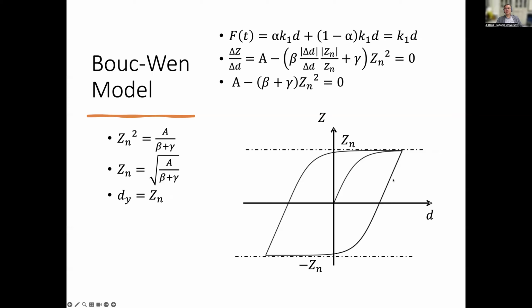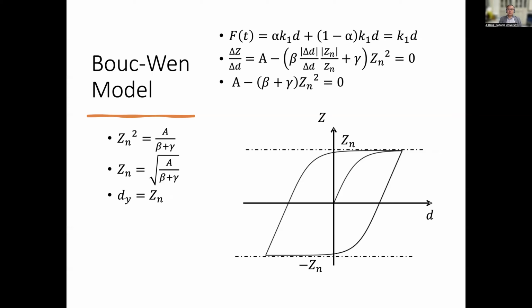So using the initial stiffness to unload. But once Z also becomes negative, again the gradient decreases smoothly, exactly like this curve, until it goes to the negative Zn. So this is how this works.